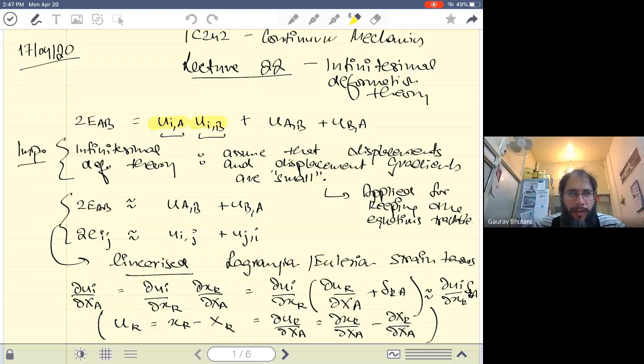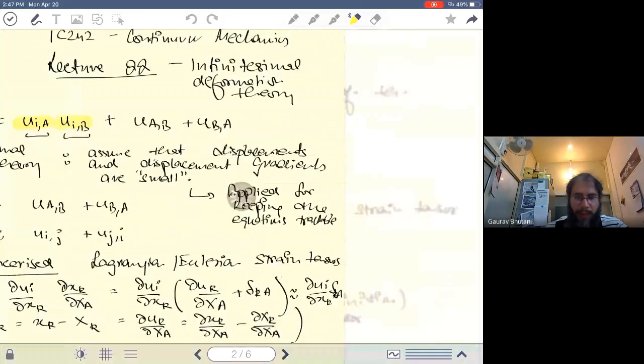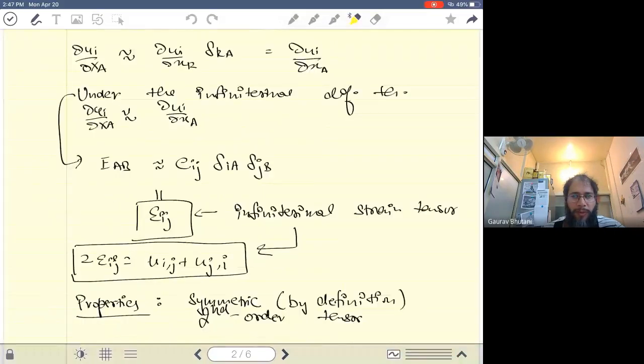So if we assume infinitesimal deformation, we get the infinitesimal deformation theory, and in that case we finally have something called epsilon. Both Lagrangian and Eulerian strain tensors boil down to just one quantity, which we call epsilon, or the infinitesimal strain tensor. And we'll be dealing with this strain tensor from now onwards. So from now onwards, we will assume that the infinitesimal deformation theory is valid.